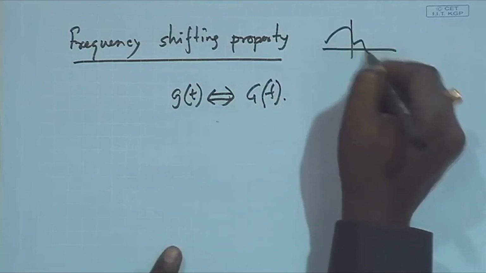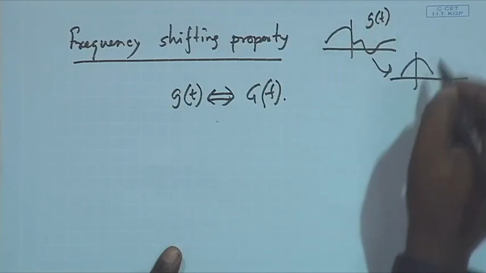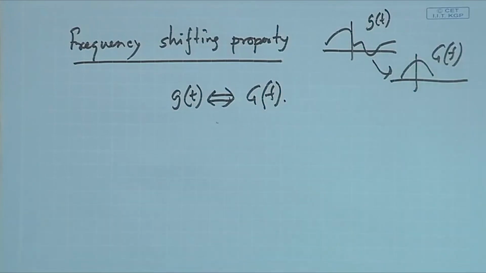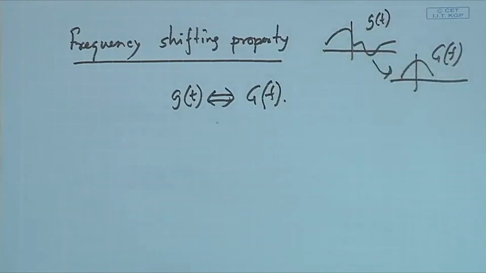So, I have a known signal, let us say that is g(t), and I also know its Fourier transform, let us say this is G(f). This is something we know already. So, this pair we have already evaluated by means of Fourier transform only. So, this is given, suppose.